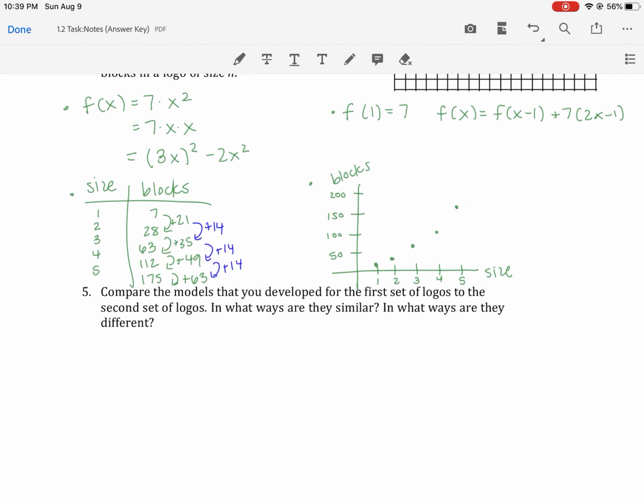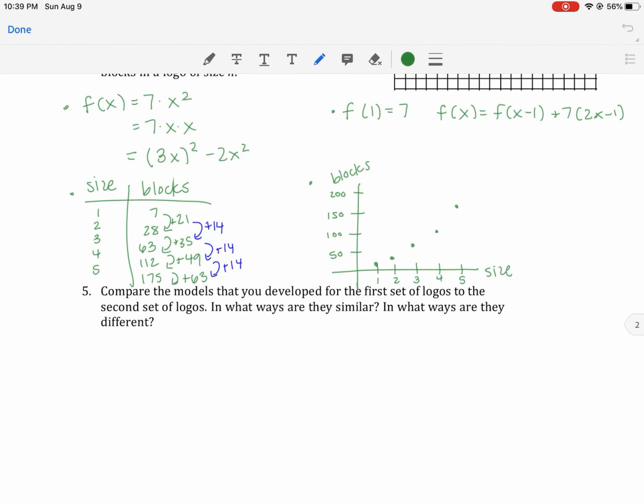Okay, so in what ways are they similar and what ways are they different? So let's think about it. So we got the first and we got the second. I always like to think about it as like a little Venn diagram when I'm thinking about things similar or different.